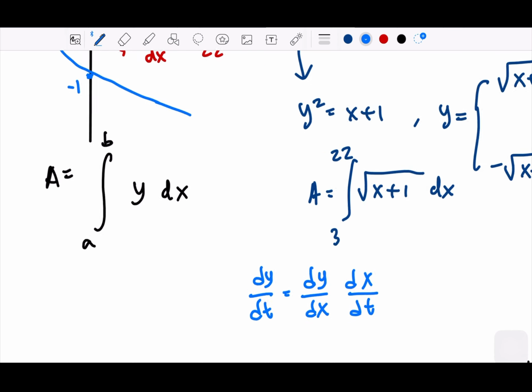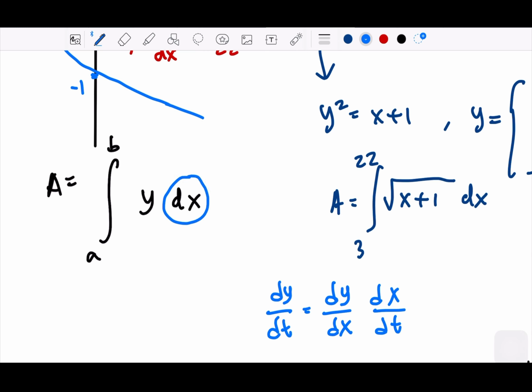Now look at this dx. If we divide by dt, we also need to multiply by dt. And if y is also a function of t, then perhaps we could approach this with t1 and t2. And that is precisely what is happening in integration.